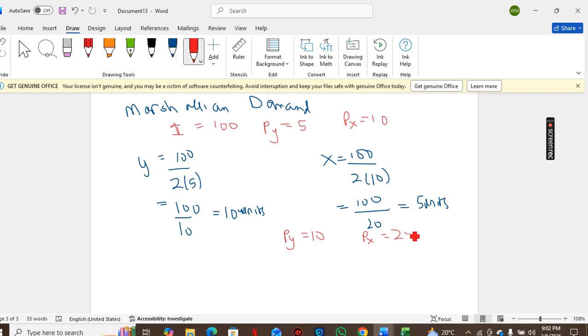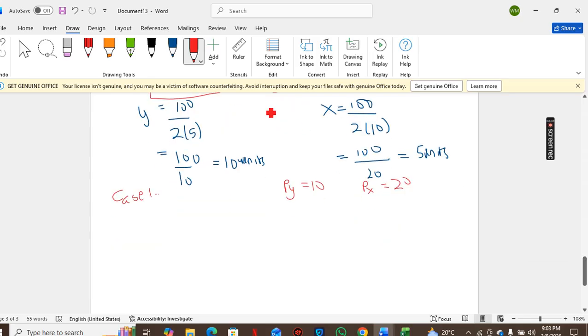And let's say our income stays the same. So say case 1. This is illustrating how the demand function drops with an increase in price.